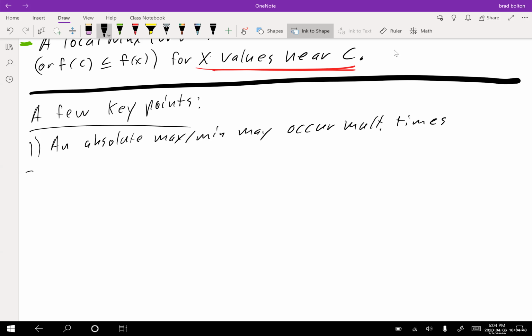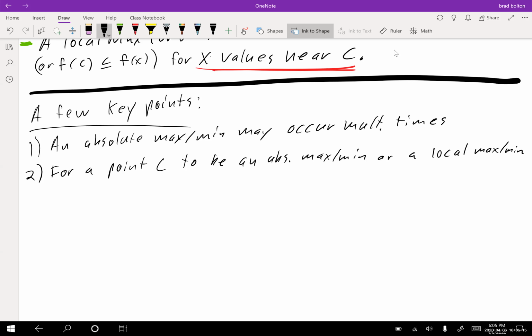A second key point is for a point c to be an absolute max or a local max or min, it must be defined.